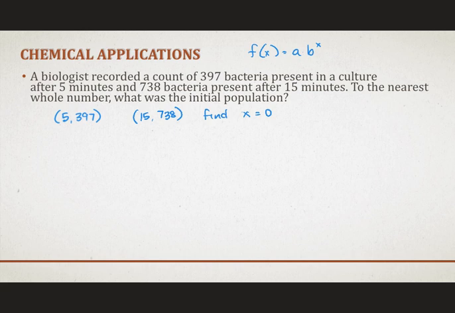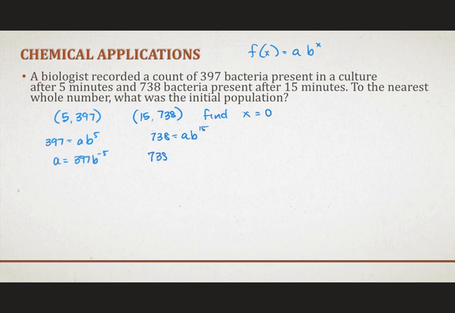Okay, so we're going to go back to what we did at the beginning of chapter 6, and we're just going to come up with a model using 2 points. So 397 is a times b to the 5th. 738 is a times b to the 15th. I'm going to solve this for a. So a is 397 times b to the negative 5, or over b to the 5th. It's the same thing.